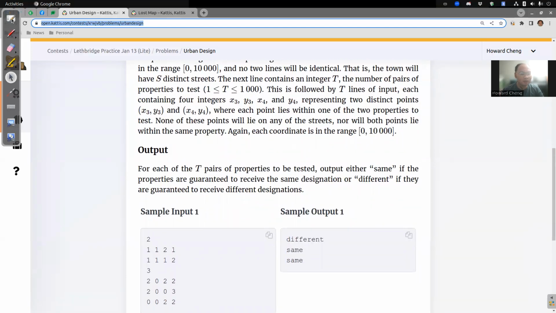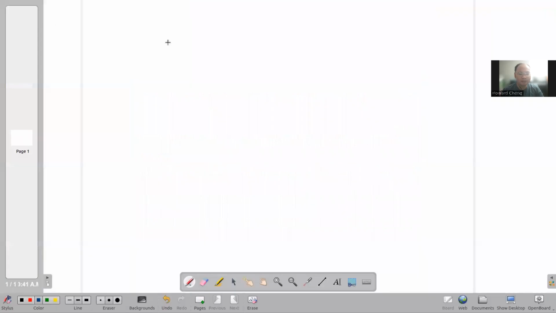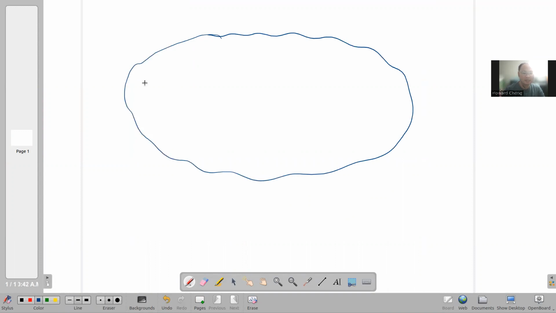Okay, this looks pretty overwhelming if you have never done a geometry problem before, but let's just think about what's going on. You have some kind of a city of some shape. You don't really care, actually. And then you have streets that are specified by 2 points. So maybe you have 2 points here, so that's a specified street, and it runs forever. Okay, pretend this is a straight line that I drew.